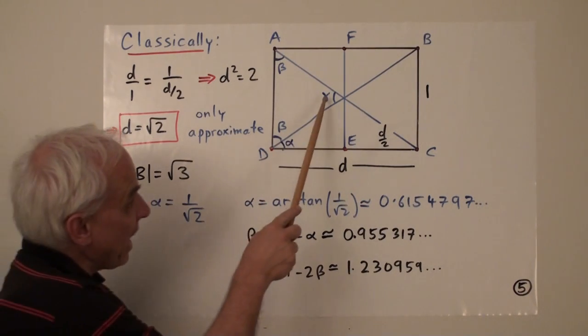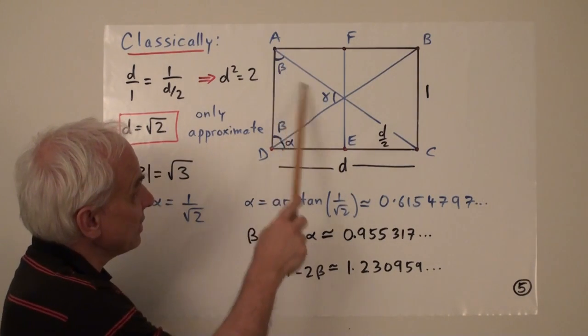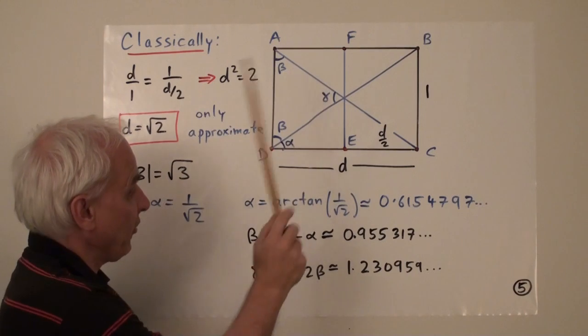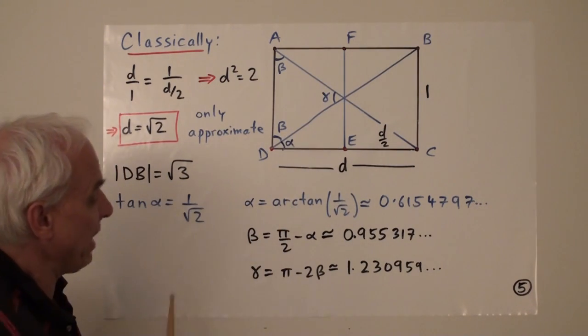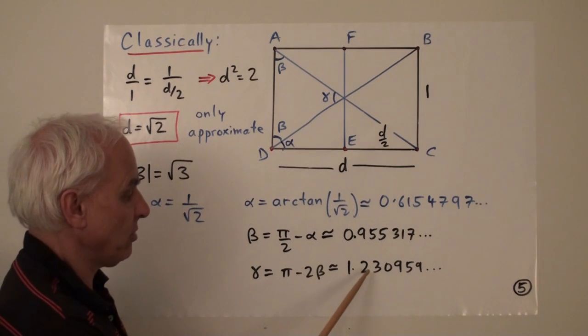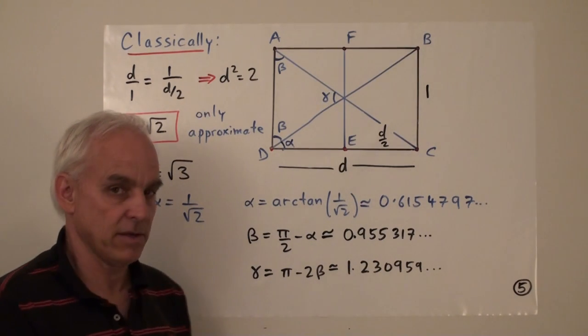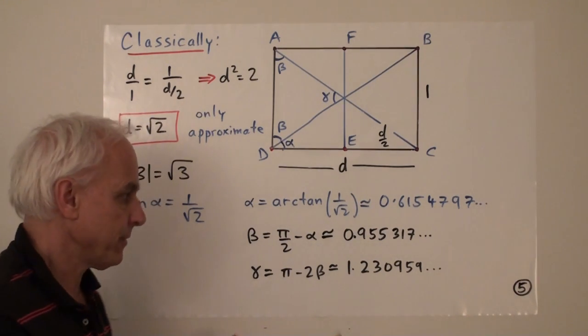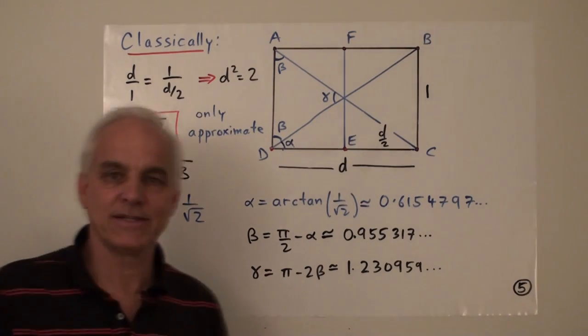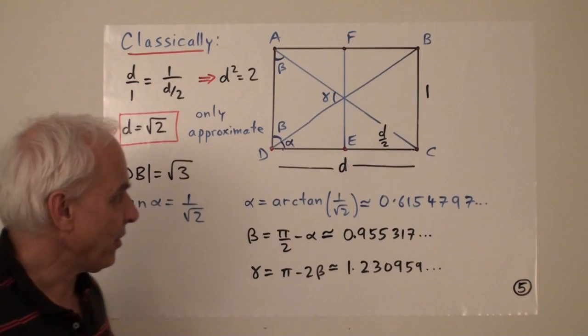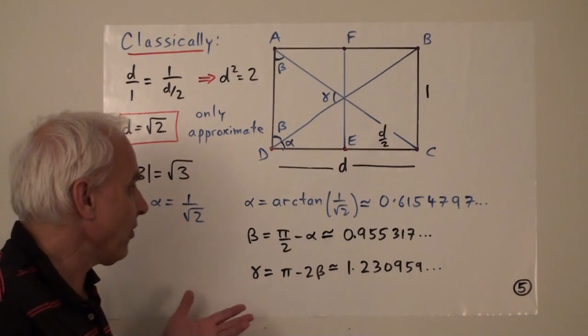And then if you wanted this gamma here, you would use this triangle here. This beta plus this gamma should add up to pi. So the gamma should be pi minus 2 beta, which is 1.230959, etc.